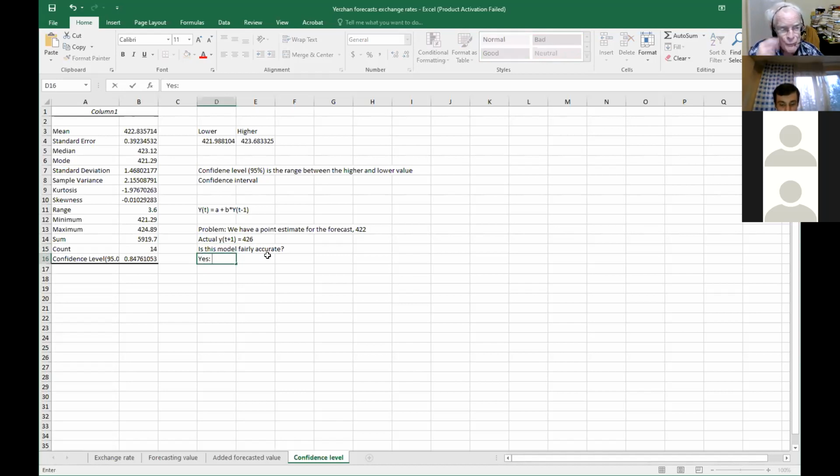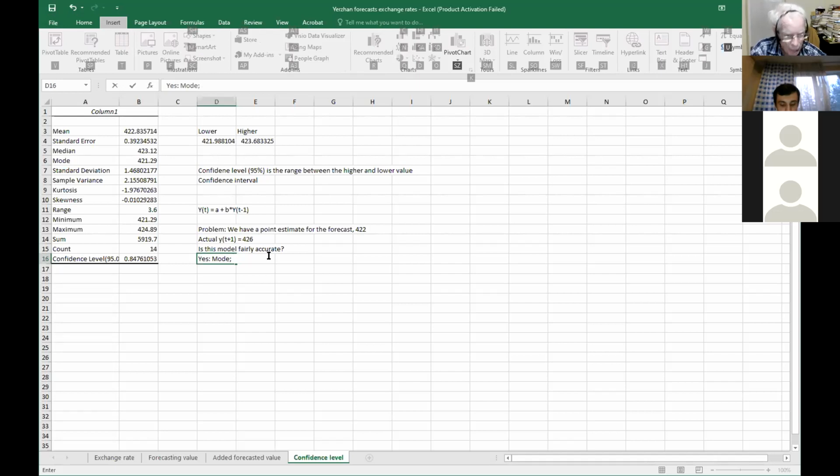We could say that yes, this model is accurate, because the model underpredicts, but only by a little.